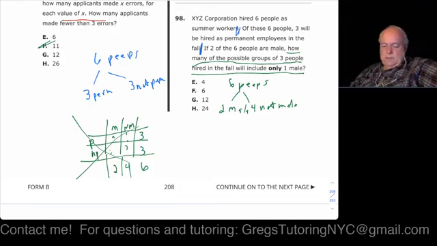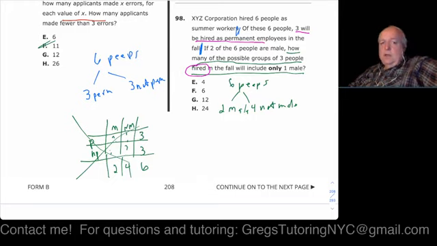All right, so what we have to do is basically take the sentence a few at a time. If so, they're going to hire 6, 3 will be hired as permanent employees. Okay, and they're asking how many of the possible groups of 3 that will be hired, right? These are only hirees. So we're not concerned about the non-hirees.